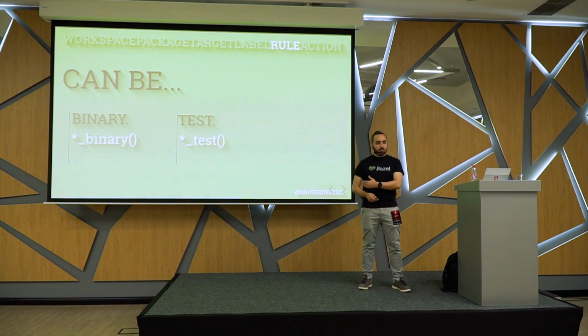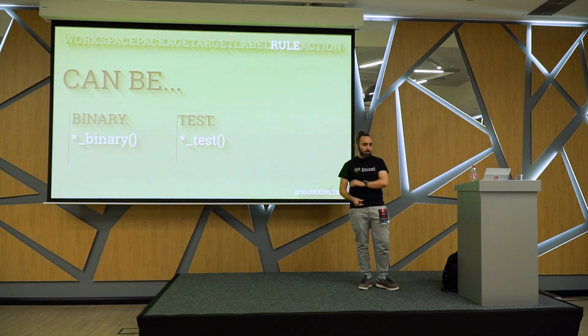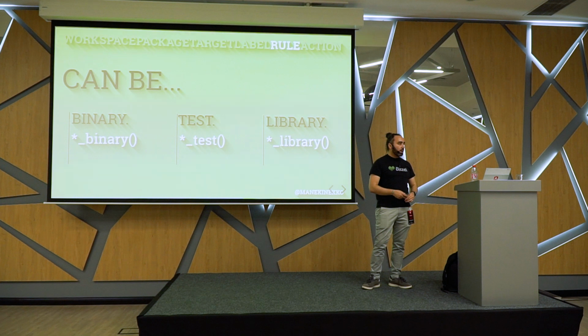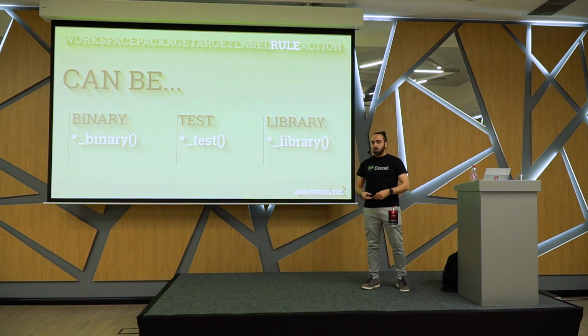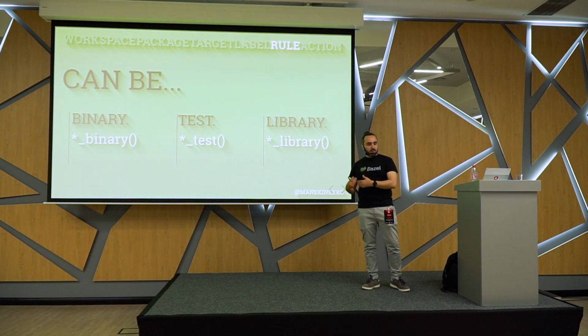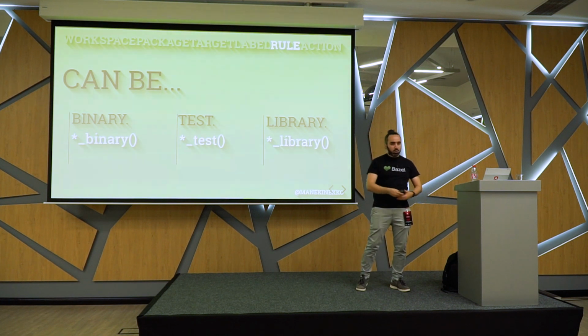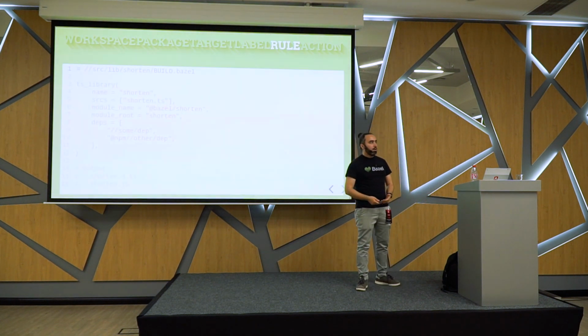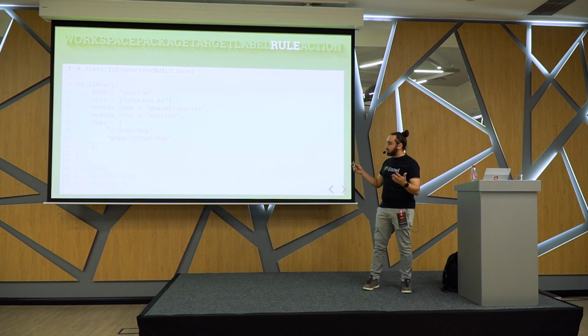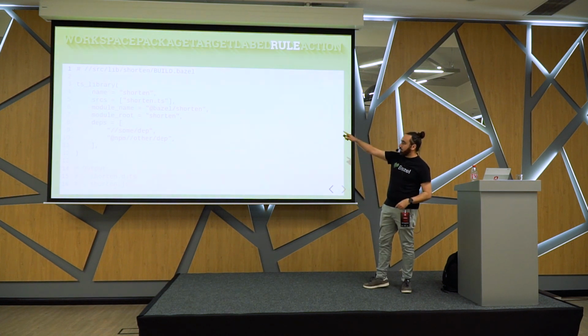They can be tests, so these will run whenever you run Bazel as a test orchestrator. And of course, libraries, so you can call the ts_library, for instance, to give it a TypeScript file, and it will give you a JavaScript file. This is an example of a ts_library inside the shortened package.